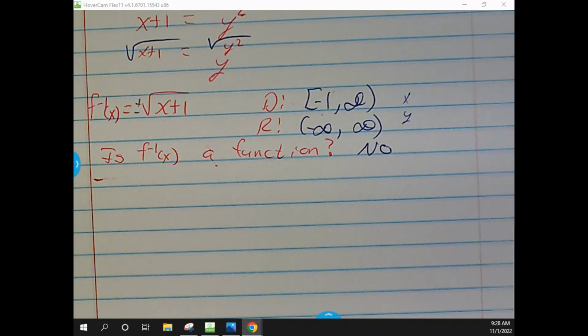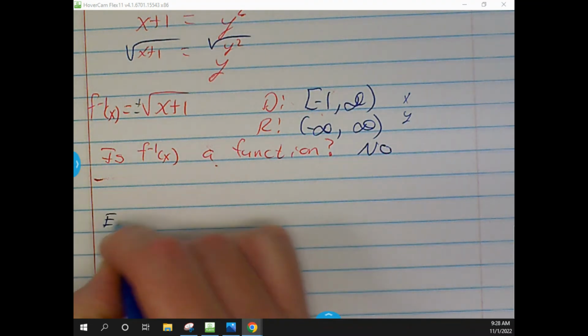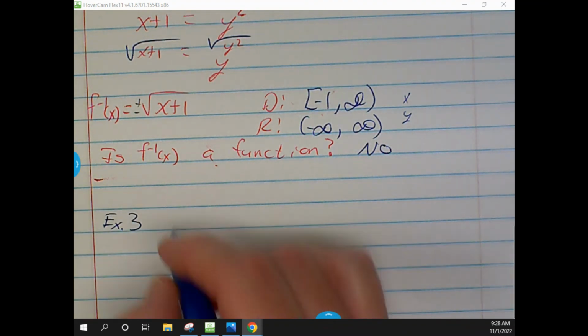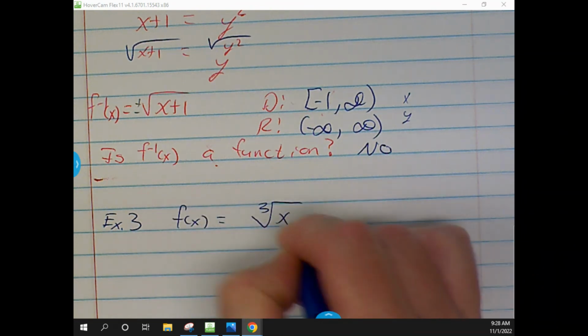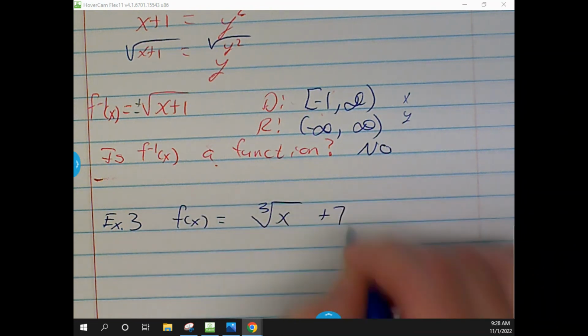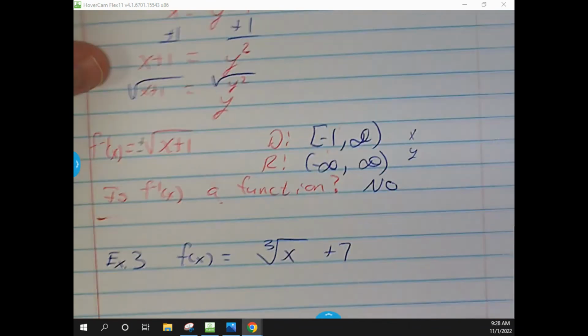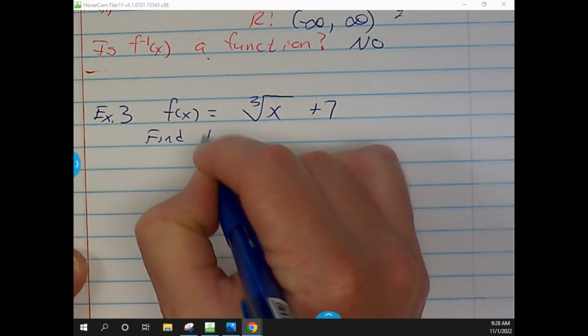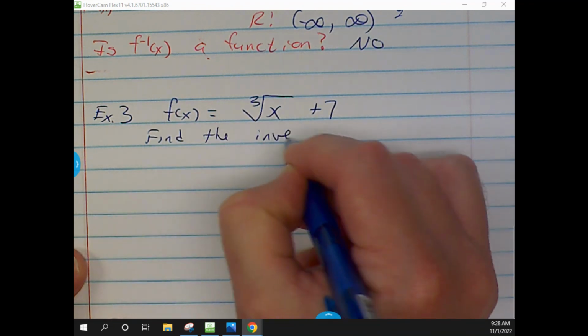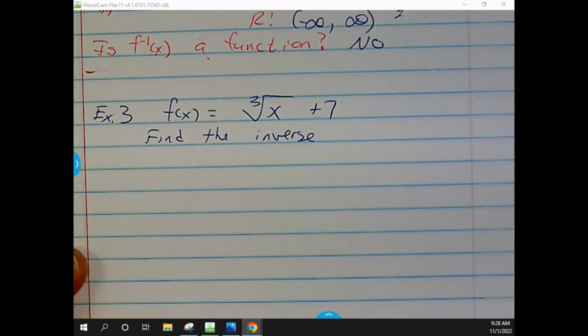Okay, one more finding inverse, and then I'll show you one little thing, and then we'll wrap this up. So f of x is the third root of x plus 7. I'm going to find the inverse.